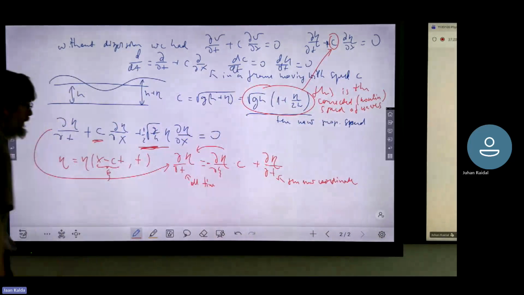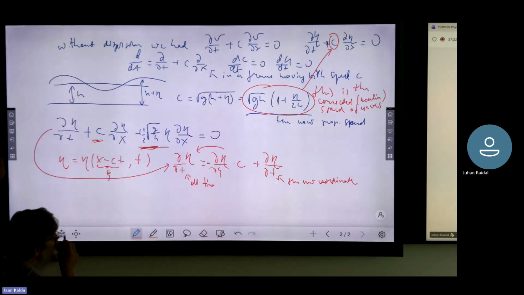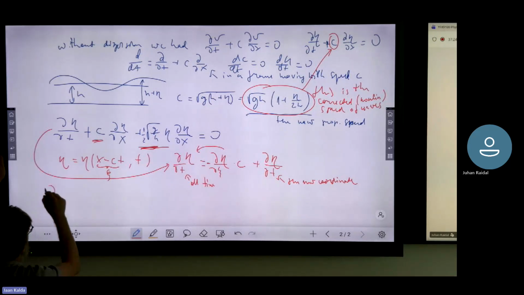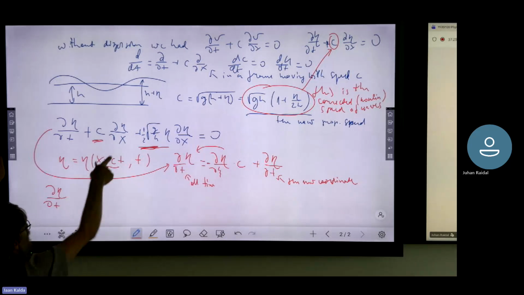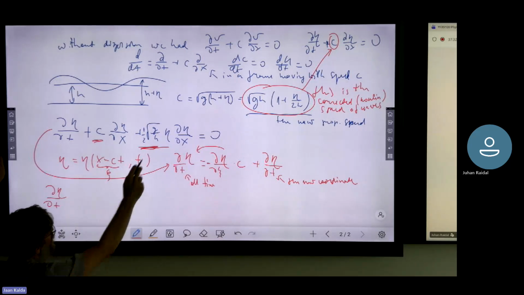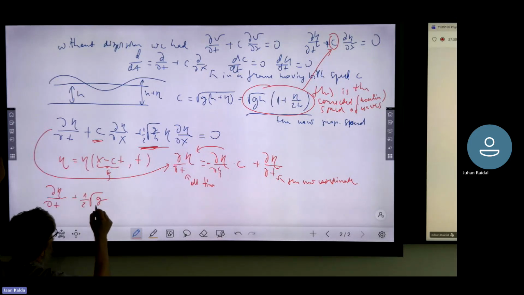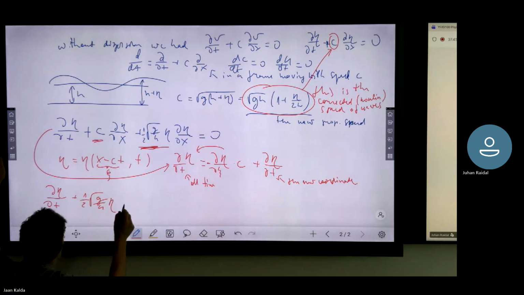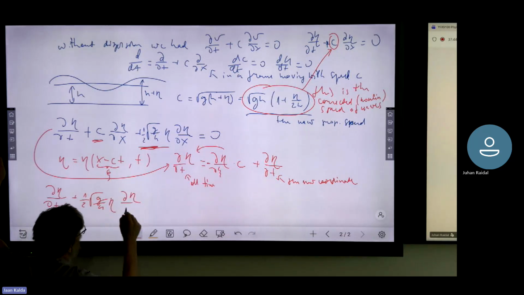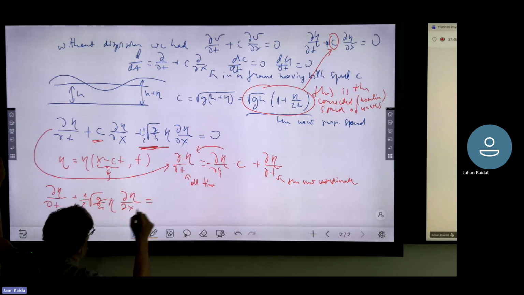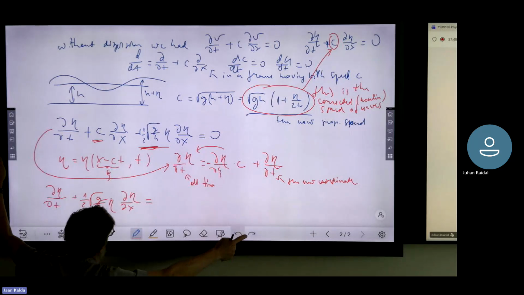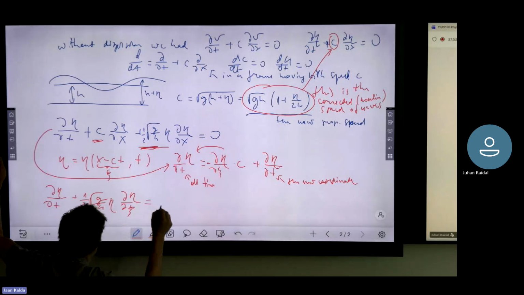So I can see that in new coordinates, the equation is just d eta over dt. Existing terms now disappear, but there remains plus 1/2 square root of g over h eta d eta over d psi equal to 0.